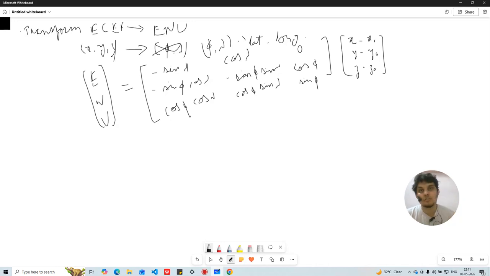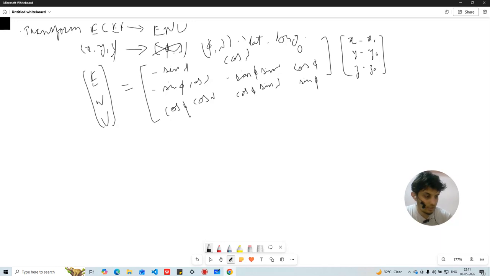There are methods to convert geodetic to Cartesian, Cartesian to rotation matrix. ENU is a local coordinate system at a point on Earth. Axes are east, north, up, derived from ECEF by rotation.